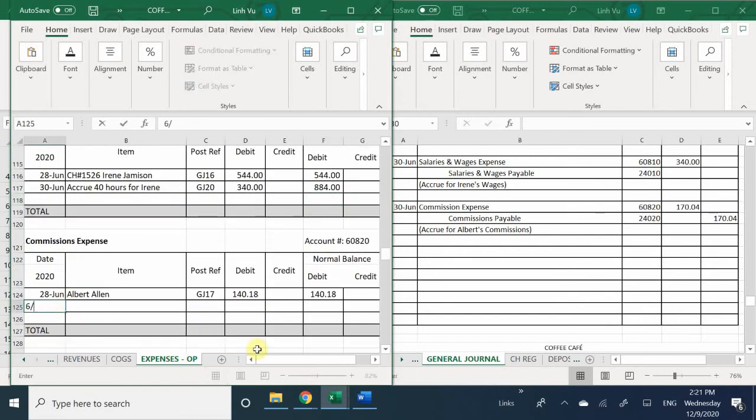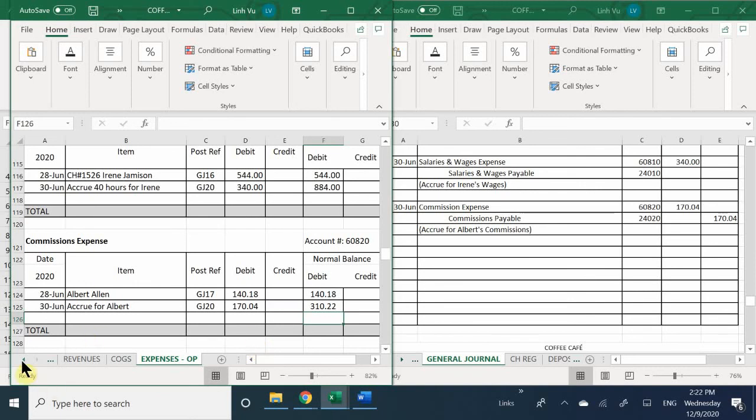Should be right under. 170.04. Total of $310.22.